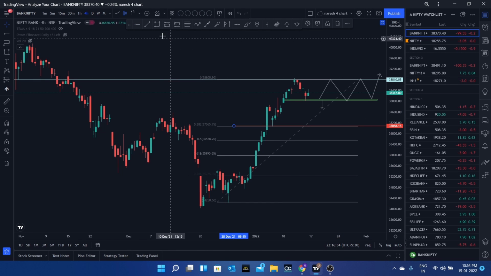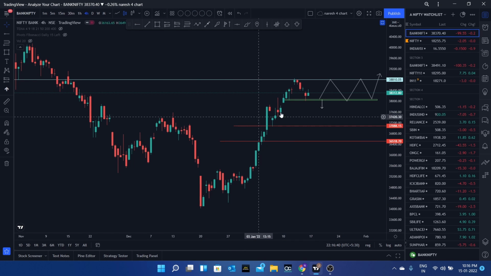I'm expecting a retracement of this level, or else direct consolidation and an upside move.